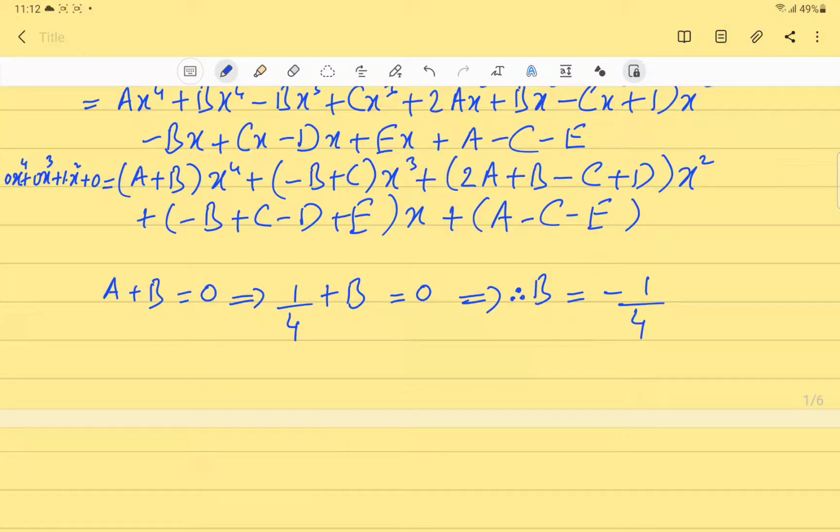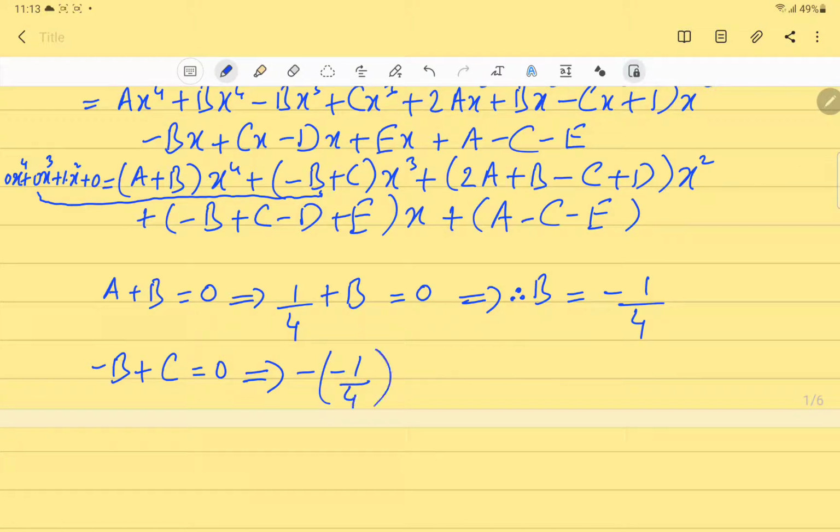After that we will compare the coefficients of x cube. So that will be minus b plus c is equal to 0. We have calculated the value of b, which is minus 1 over 4, plus c is equal to 0.